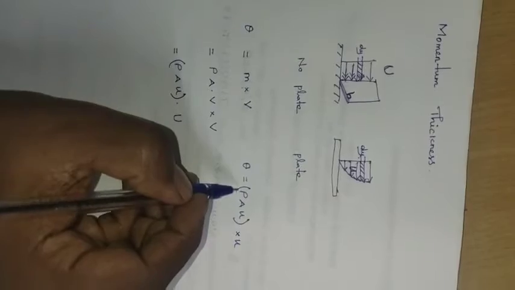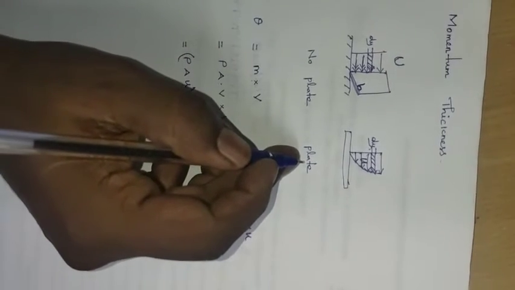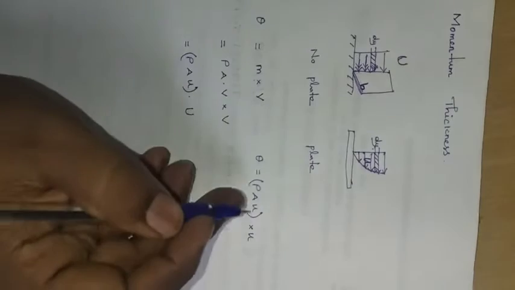So this is the difference between the momentum equation, right, with no plate and plate. If you have a plate, your momentum formula will be like this. If you are not having any restriction, that is no plate, your momentum formula will be like this.